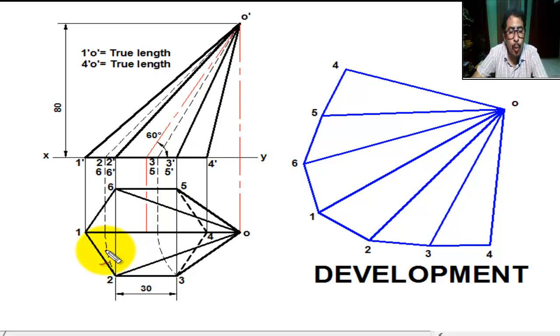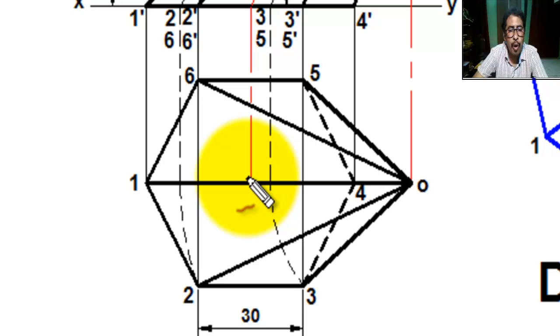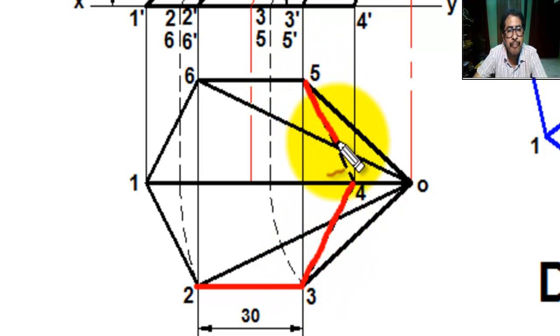First, we draw a hexagon of sides 30 mm. This is the hexagon.